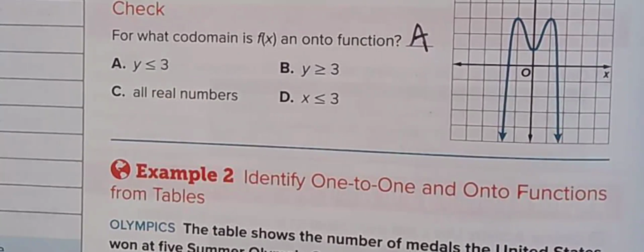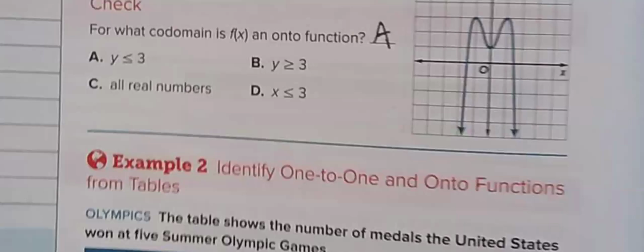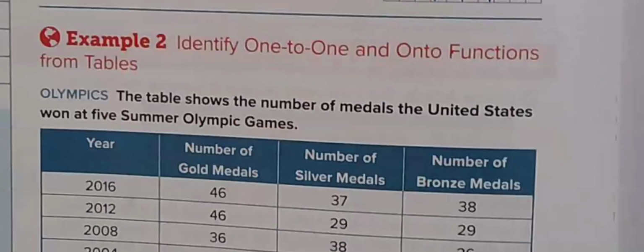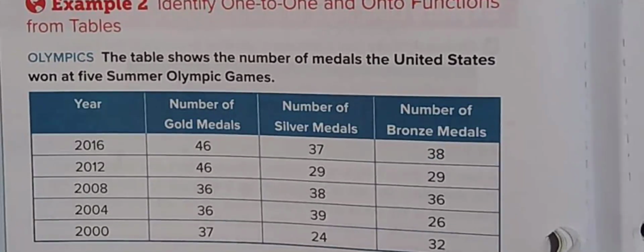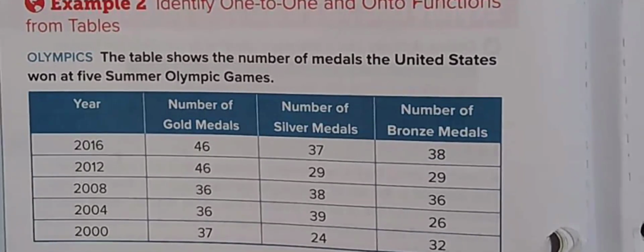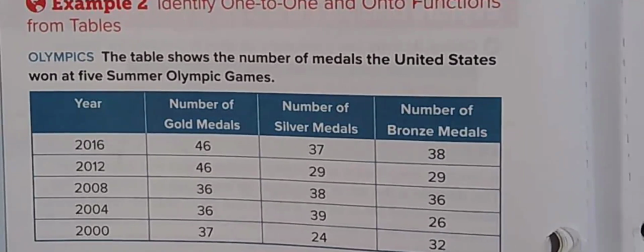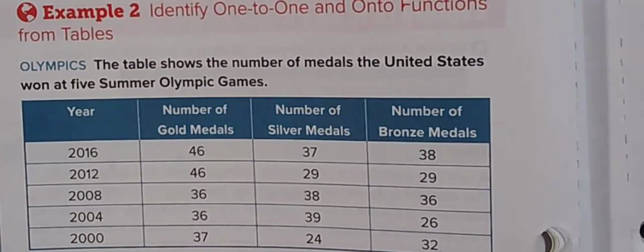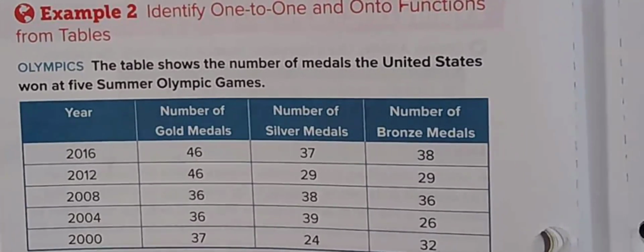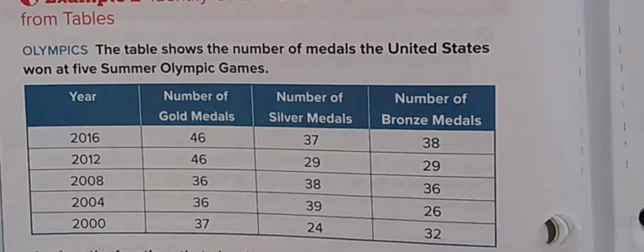All right. Let's look at example 2 then. Identifying one-to-one and onto functions. The table shows the number of medals the United States won at 5 Summer Olympic Games from 2000 to 2016. So we got 2000 to 2016 U.S. medals, gold, silver, and bronze right there.